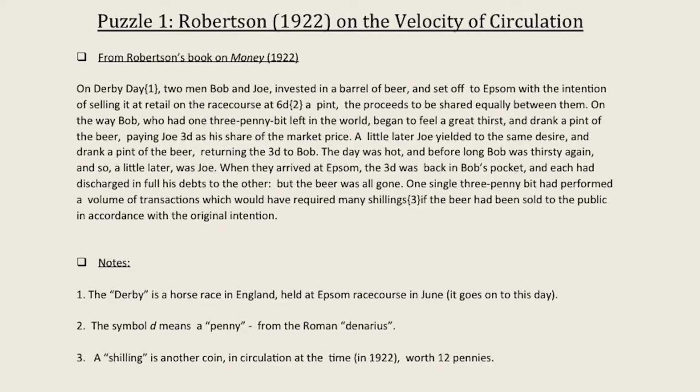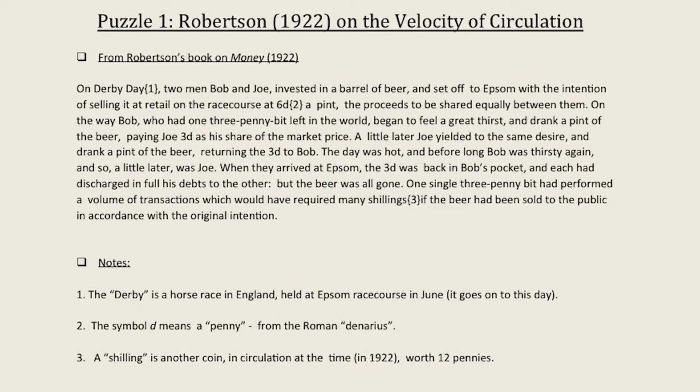On Derby Day, the Derby is a horse race in England, it's held at Epsom Racecourse in June, and it goes on to this day, 2 men, Bob and Joe, sufficiently proletarian names, invested in a barrel of beer and set off to Epsom with the intention of selling it at retail at the racecourse at 6 pence a pint. The penny, the symbol d, was a penny that was in circulation in Britain at the time. It originates from the Roman denarius.